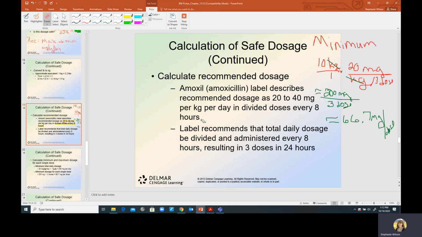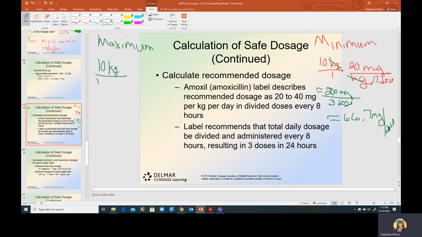And now let's do the maximum over here. Got the maximum. Again, I got this patient who's 10 kilograms, and put over 1.